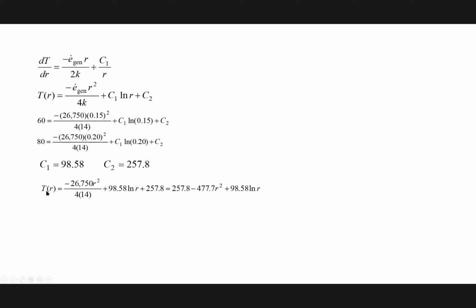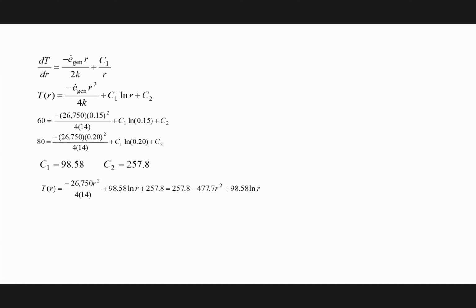Now you have the temperature as a function of r. If you put r equal 15, you have to get this value, and if you put r equal 20, you have to get this value. Now he's asking what is the temperature at the middle.